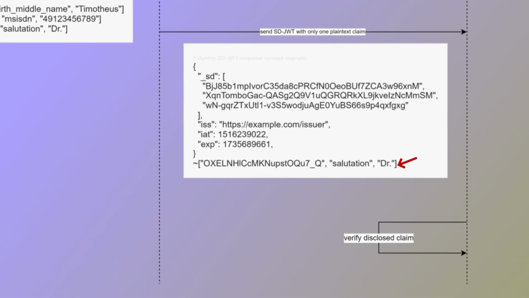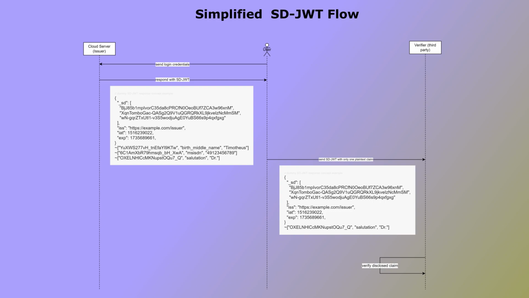The verifier then uses the plain text disclosure, hashes it and matches it with one of the disclosure hashes inside the JWT. This way the verifier can verify the plain text disclosure or claim sent by the user or the client without knowing the rest of the hashed disclosures. The rest of the hashed disclosures are cryptographically secure and not technically feasible to be dehashed by the verifier.